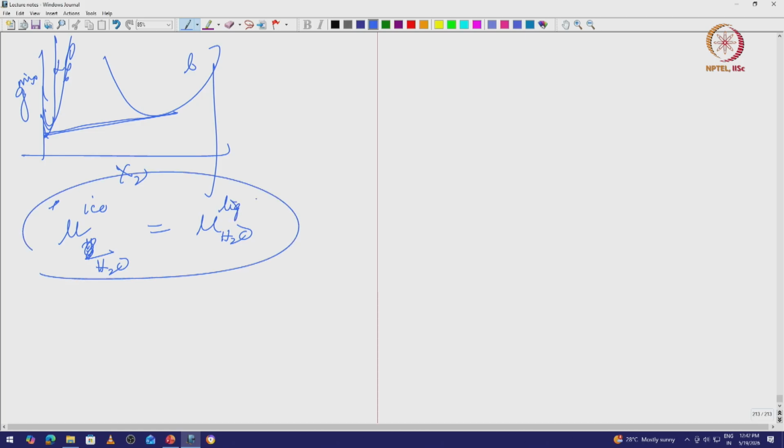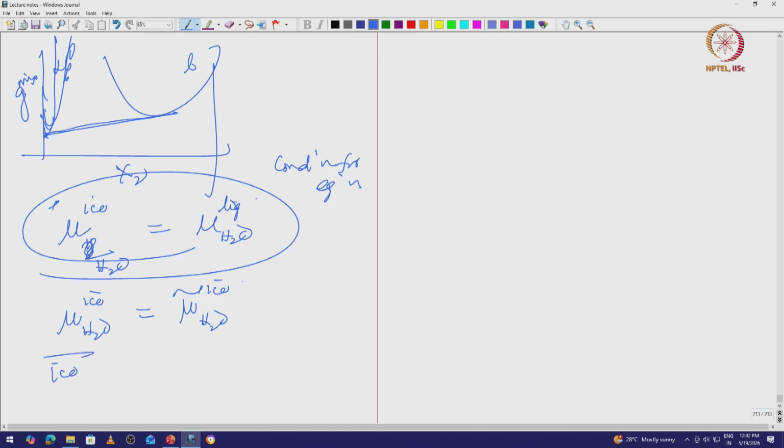So this is the condition for equilibrium, right? And we are saying that mu of water in the ice phase is actually mu of water in pure ice, correct? Because ice is not really getting contaminated.